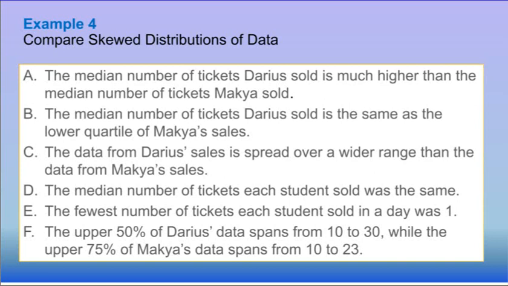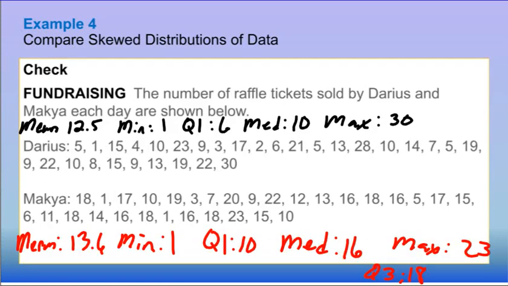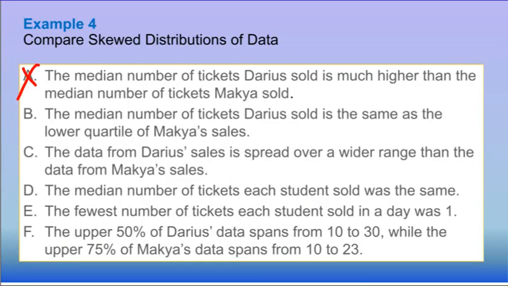Now let's look at here. It says the median number of tickets Darius sold is much higher than the median number of tickets Micaiah sold. We compare the medians. The medians are 10 and 16, so Micaiah is more. So we know that this one is not true.